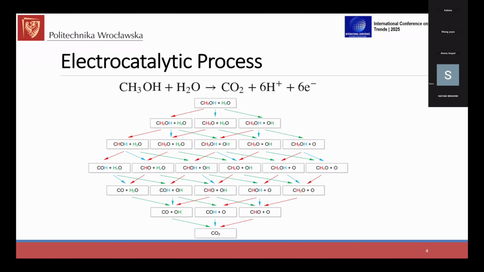First of all, we will discuss the electrocatalysis process. This is the equation for the methanol oxidation half reaction, in which we can see 6H+ and 6e-. It means during each of the 6 steps, one electron and one proton are transferred to the electrode and the solvent respectively.